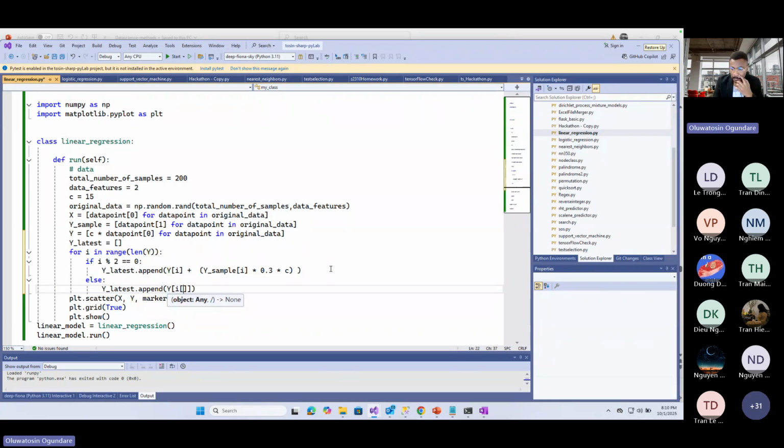Okay, so some of it would depend continuously on X, others would not. Here we can use Y latest. All right.